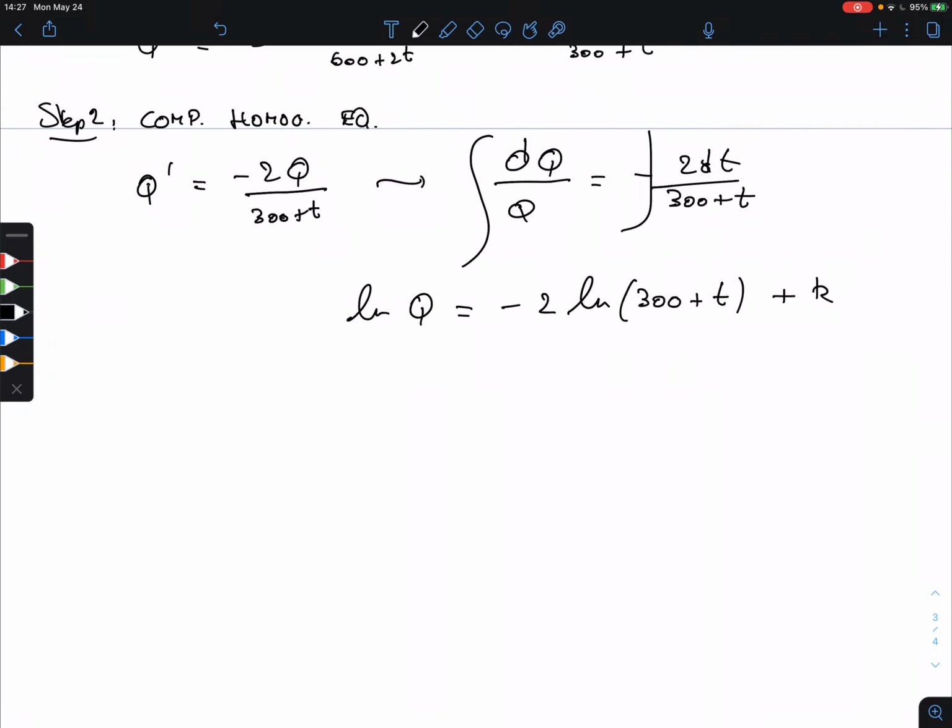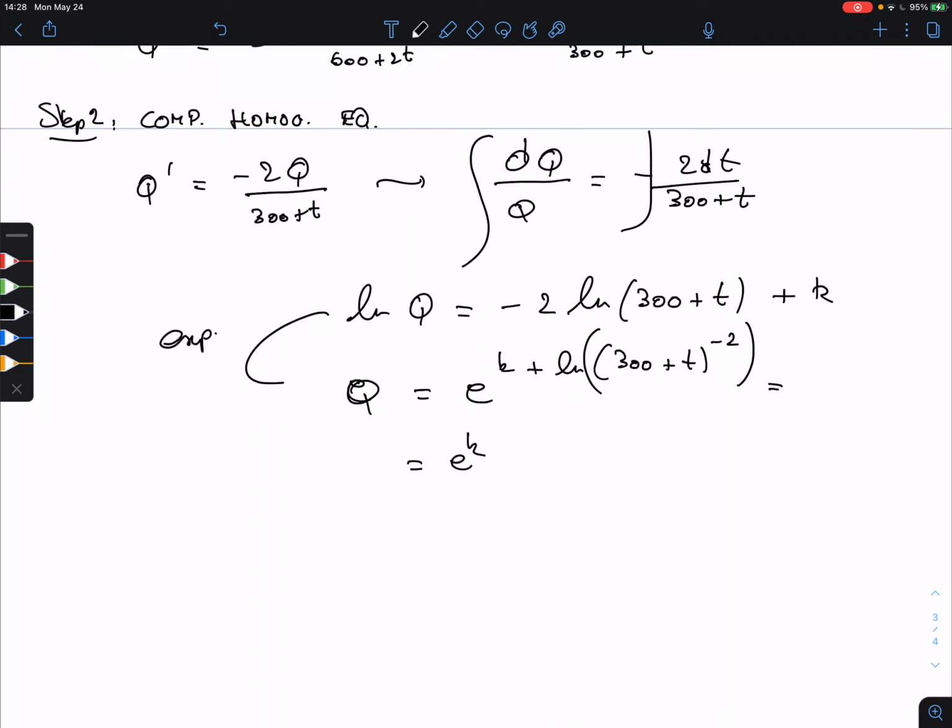So we exponentiate. That is e to the ln Q, that becomes Q, and let me write it up here, e to the k plus, and I'm going to already bring the minus 2 inside as an exponent inside the ln, so that now I can split this up.